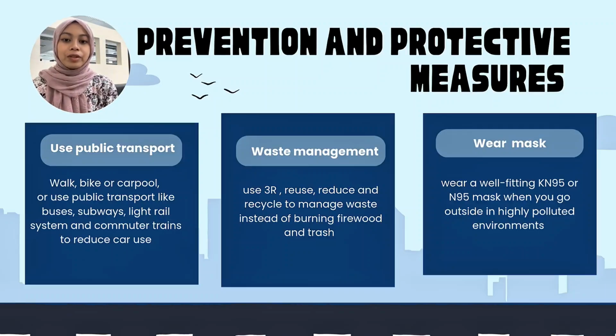For example, we can use the 3R, reuse, reduce, and recycle, to manage waste instead of burning wood and trash. Lastly, we can wear masks. We can wear a well-fitting N95 mask when we go outside in a highly polluted environment.